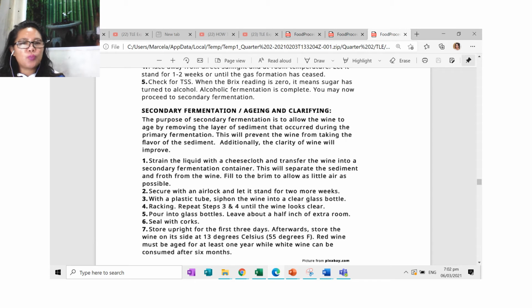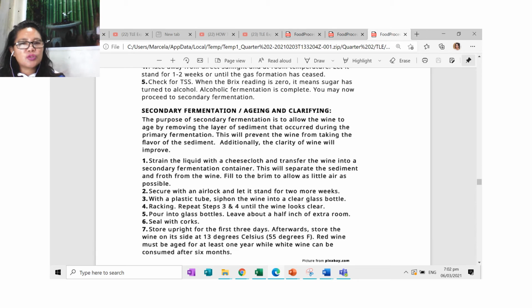Then number 5, pour into glass bottles. Then leave about 1/2 inch of extra room. Then you are going to seal with corks. And then number 7, you are going to store upright for the first 3 days.